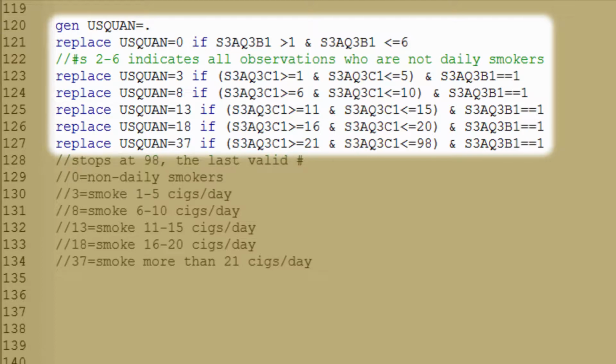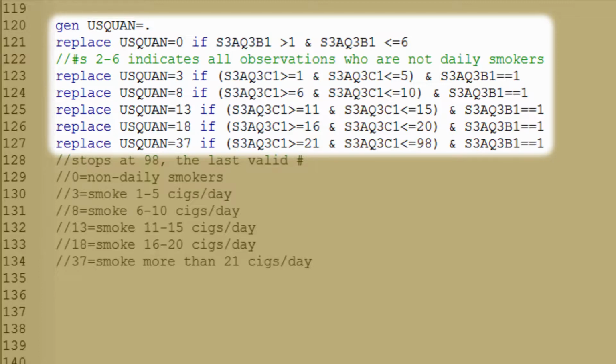Replace US_QUAN = 13 if (S3AQ3C1 >= 11 and S3AQ3C1 <= 15) and S3AQ3B1 == 1. Replace US_QUAN = 18 if (S3AQ3C1 >= 16 and S3AQ3C1 <= 20) and S3AQ3B1 == 1.